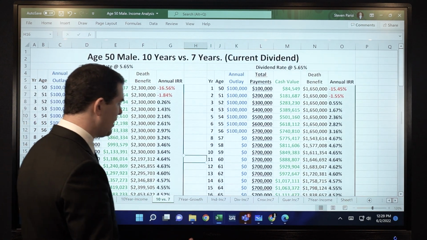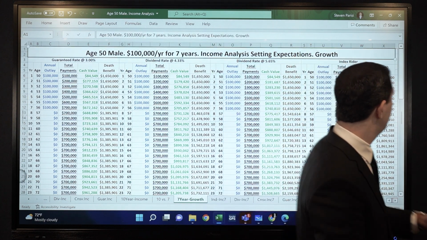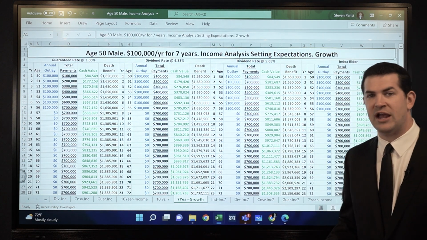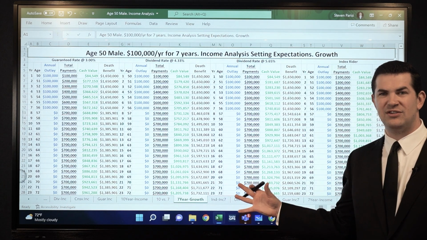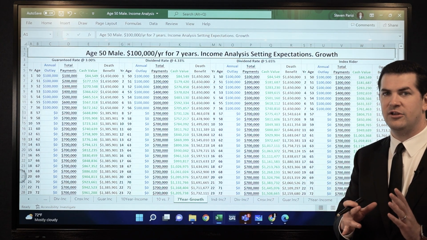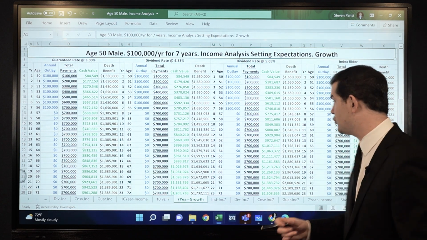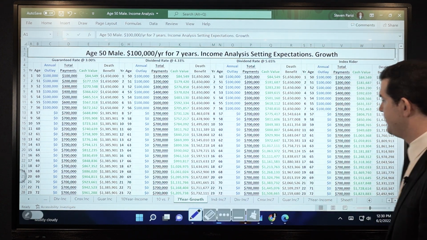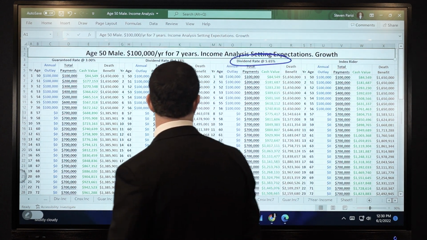So let's take a look at the income scenarios now, shall we? So first, we've got the growth samples side by side. Whenever we're going to look at income, it is beneficial to see everything side by side. Specifically, what does my policy look like based on the present dividend interest rate, which is what we just looked at. We see it right here, dividend rate 5.65%.